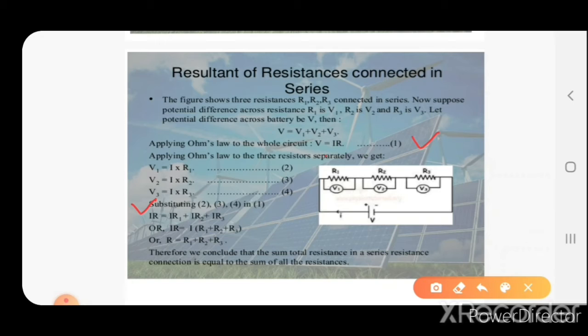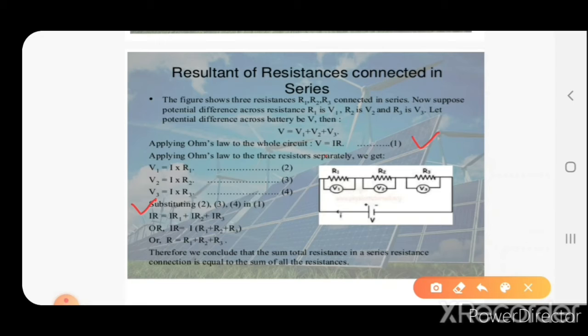So IR is equal to V1 from equation 2, V1 is equal to IR1, so IR1 plus V2 is equal to IR2, so plus IR2 plus V3 is equal to IR3. Sum all of these values.